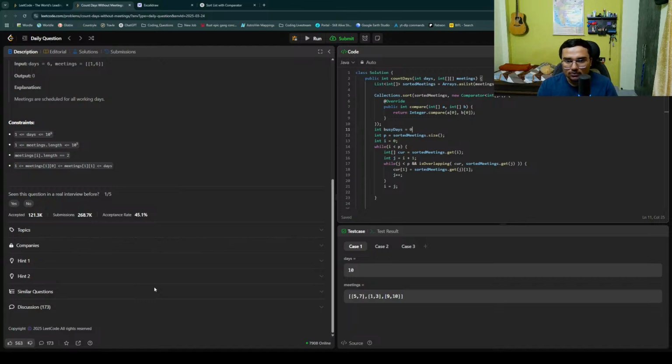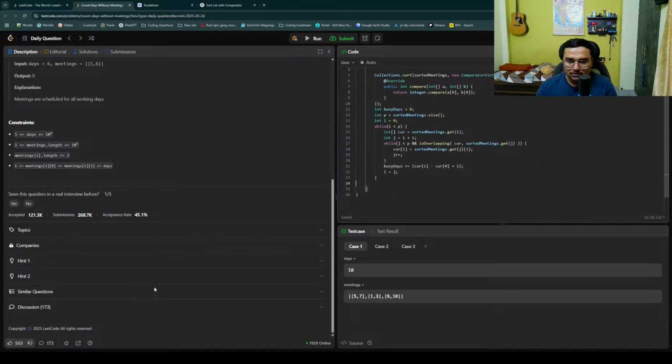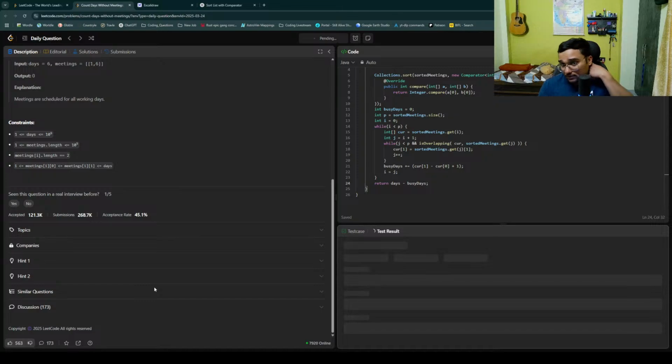Busy days equals 0. Then we do busy days plus equals current of 1 minus current of 0 plus 1, and at the end we simply return days minus busy days. Let's see if this works.